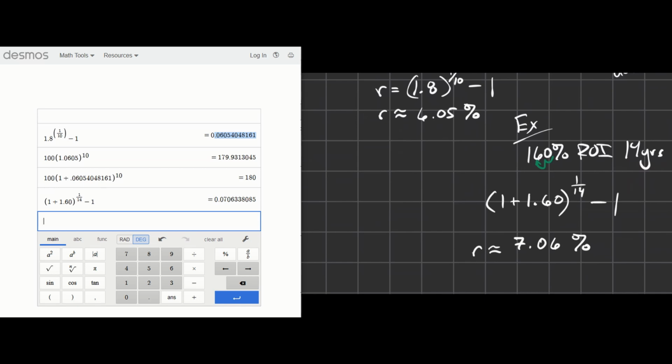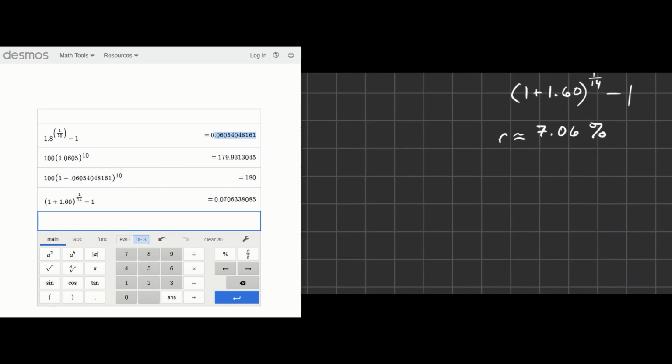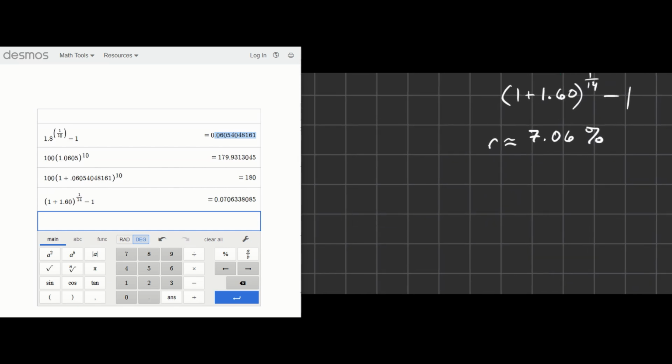This is really helpful because if there's a certain rate of return that you need to get, you can figure out, is it feasible? For example, if you want to double your money, and let's say you want to double your money over 5 years, is that going to be practical?